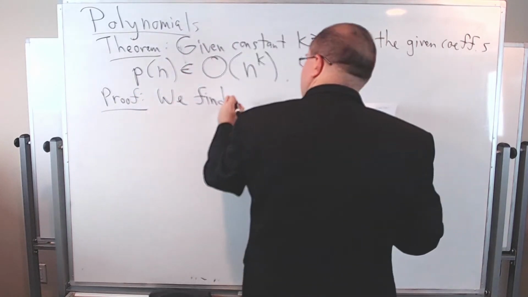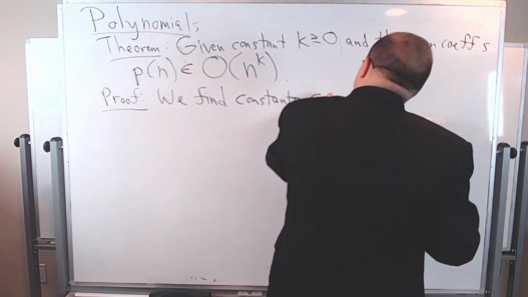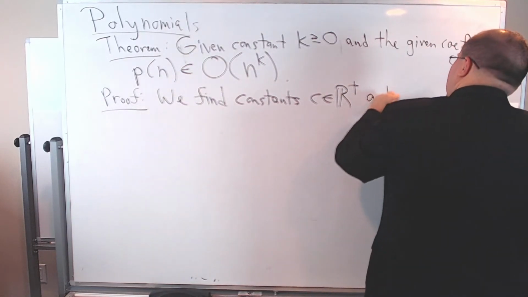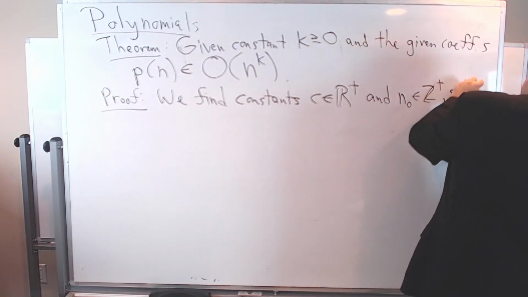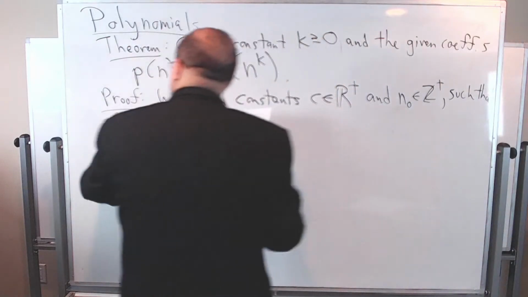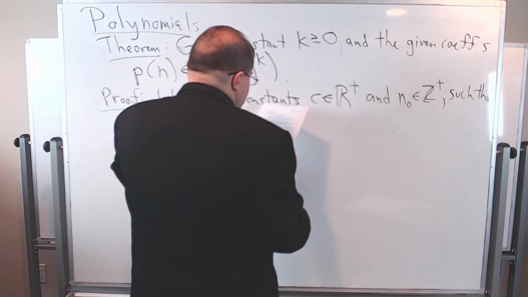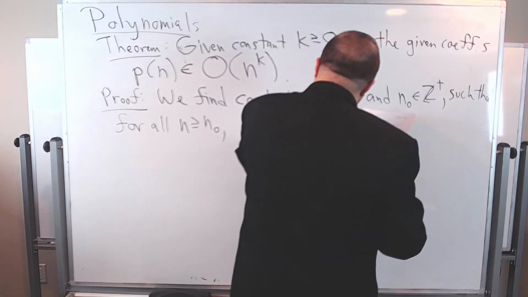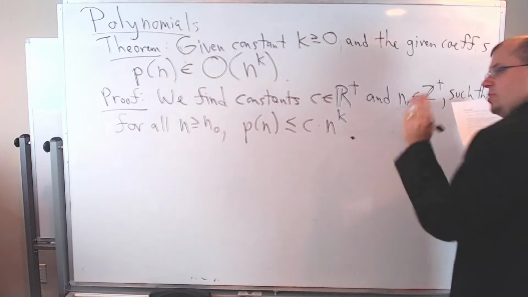I'm going to say that we find constants C and n0 such that for all n greater or equal to n0, P of n is less than or equal to C times n to the k.